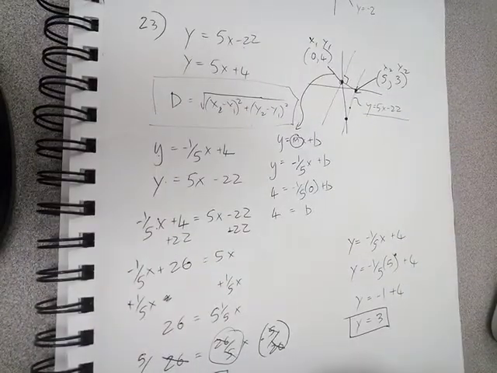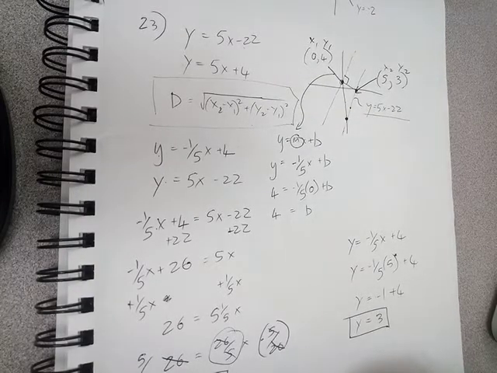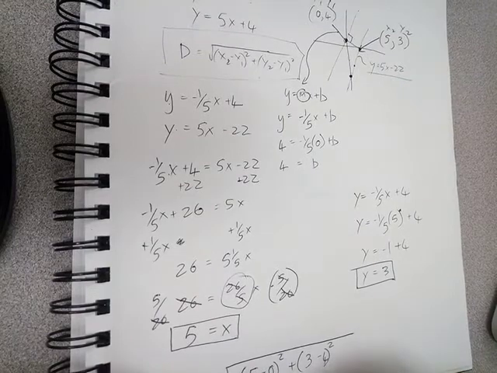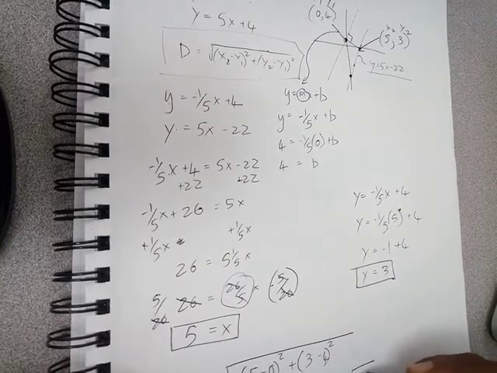So it becomes the square root of (5 minus 0) squared plus (3 minus 4) squared. That's 5 squared, which is 25, plus 1. The distance is the square root of 26.